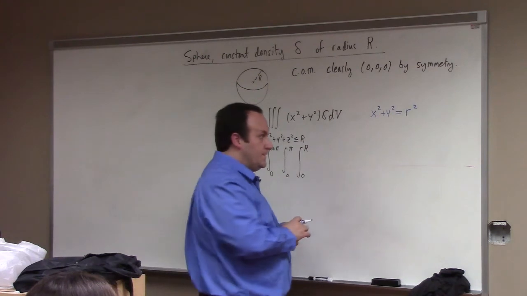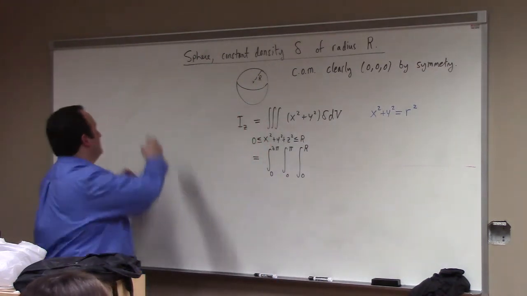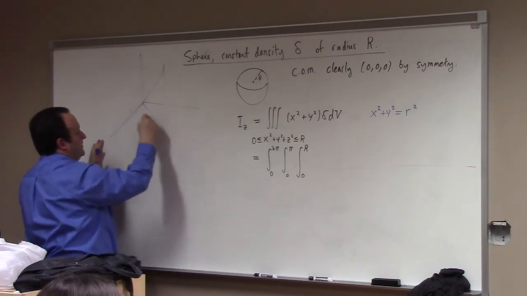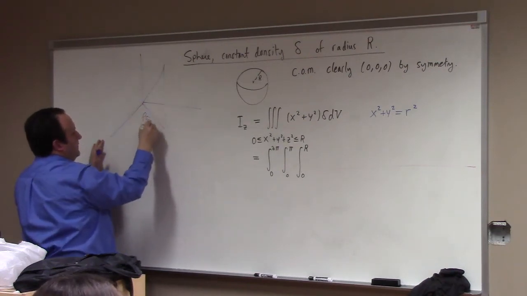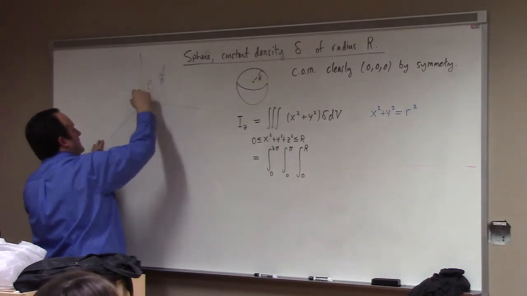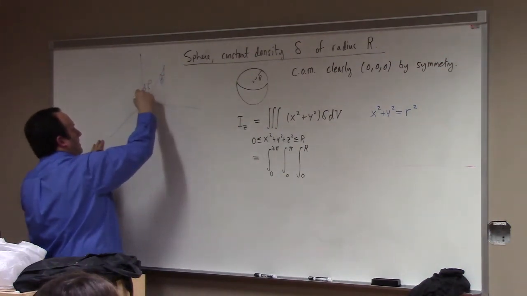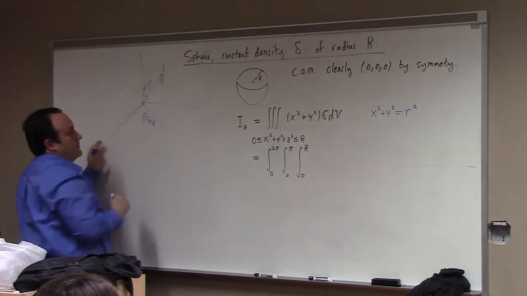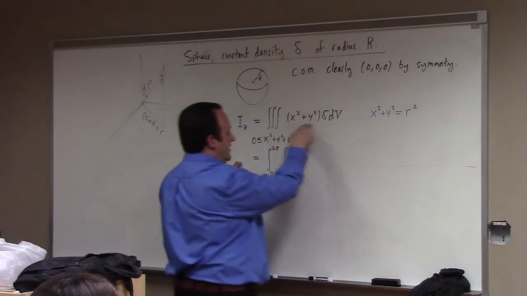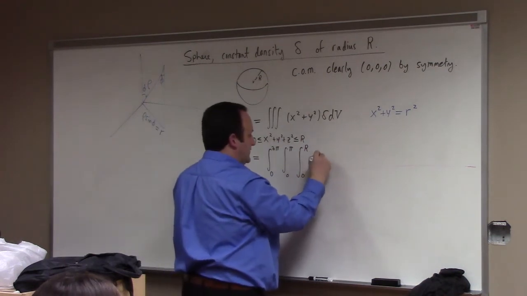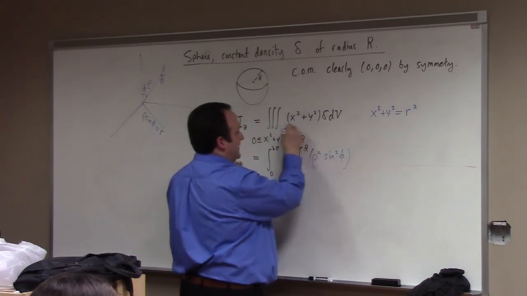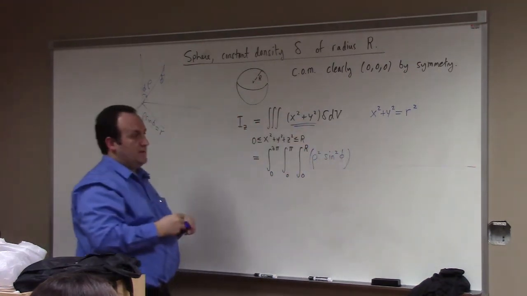Do you remember our picture? Right. This down here, rho sine phi, because this is rho, and that's phi. So really, what I have here is rho squared sine squared phi. That's that. Then what's dV?